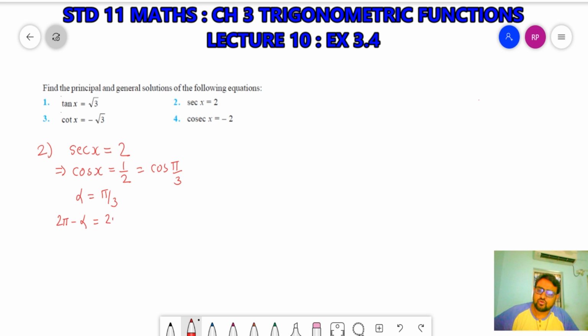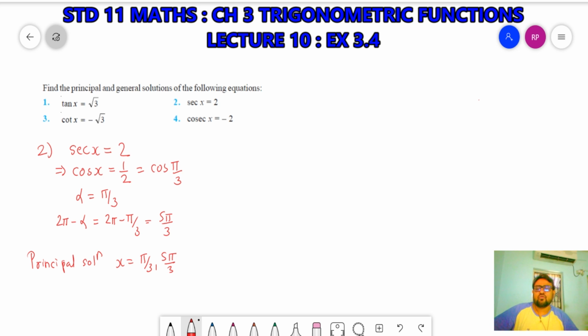So it's 2 pi minus pi by 3, that is 6 pi minus pi, 5 pi by 3. The principal solution means between 0 and 2 pi. So the principal solution is x equals pi by 3 and 5 pi by 3.